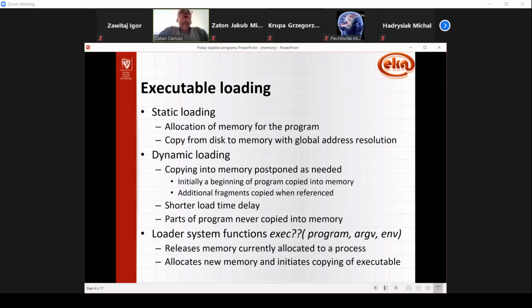Okay, this actually can take quite a long time. Well, that means it might take a few minutes, so not so very long. But the problem with static loading, as I have described, is that usually a lot of programs are loaded when you start the system. Whether it's Linux or Windows, the first thing that happens is that system initialization starts.